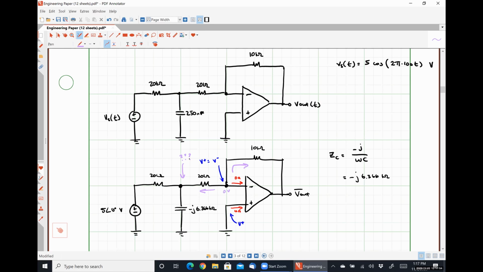So we're going to run into some problems because we don't know the voltage at this node. So what could we do to simplify this circuit to be able to apply our basic algorithm for solving ideal op-amp circuits?